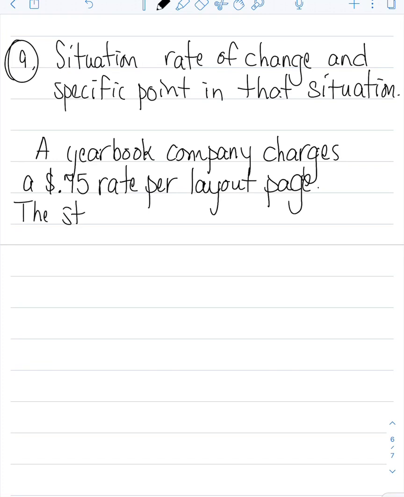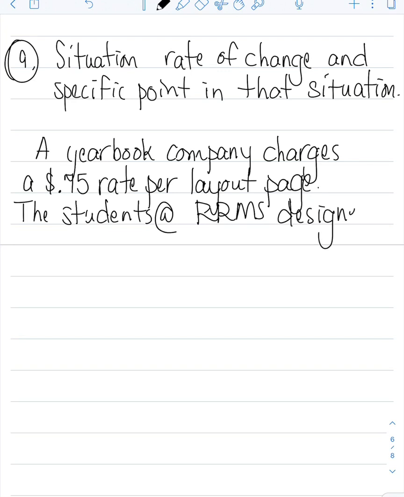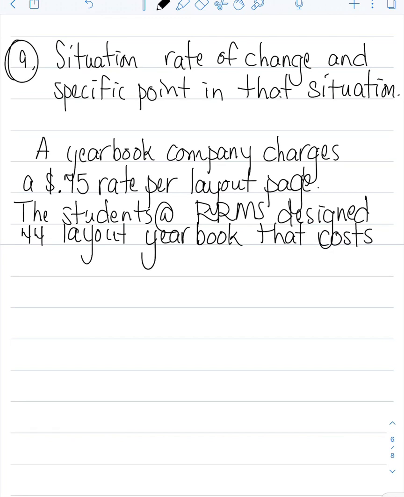The students at RRMS designed a 44 layout yearbook that costs $57. Write an equation to, and I'm not going to write that, write an equation to represent the relationship between the cost and the number of layouts.